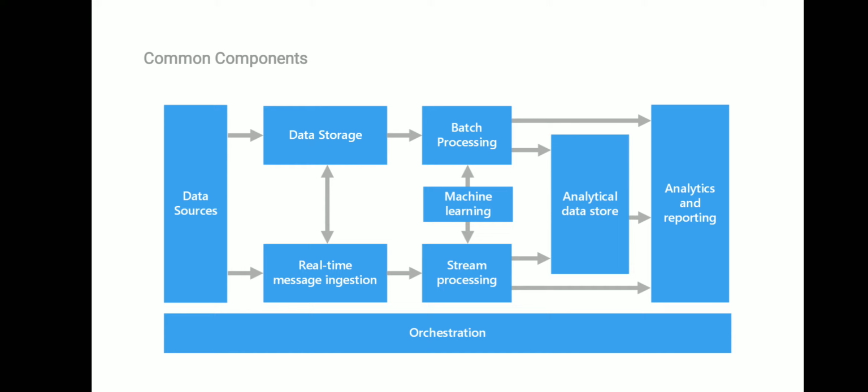What it does is there are two different flows. One is a real-time flow, and one is called the cold flow, which is batch processing. So one is the speed layer, and one is the batch layer.